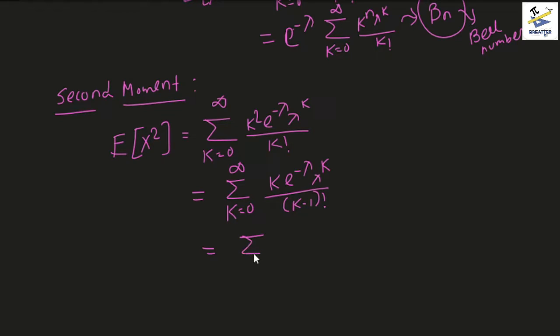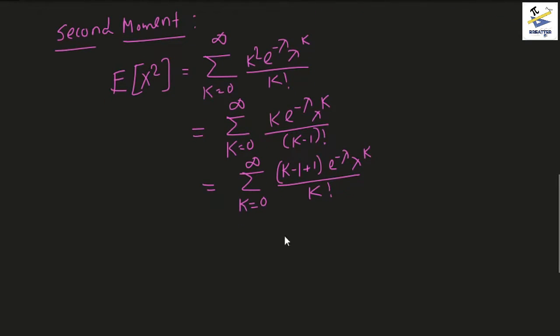Now. Again, we can write this as follows. Then again, we can do summation k equals 0 to infinity, and this k minus 1 and 1 can be distributed accordingly, and what we find is two summations, something like this.